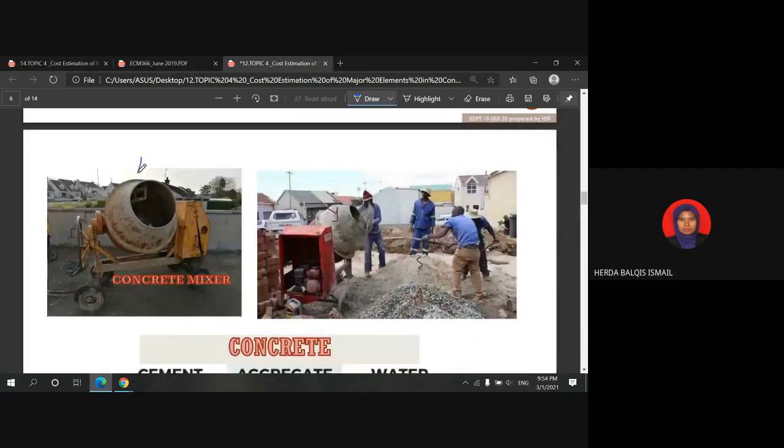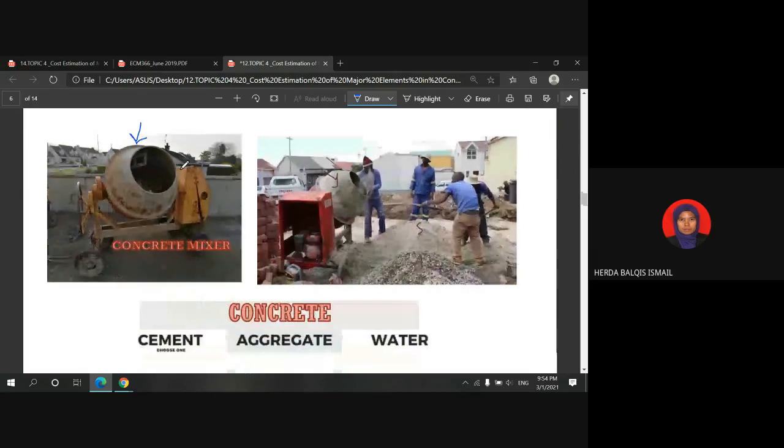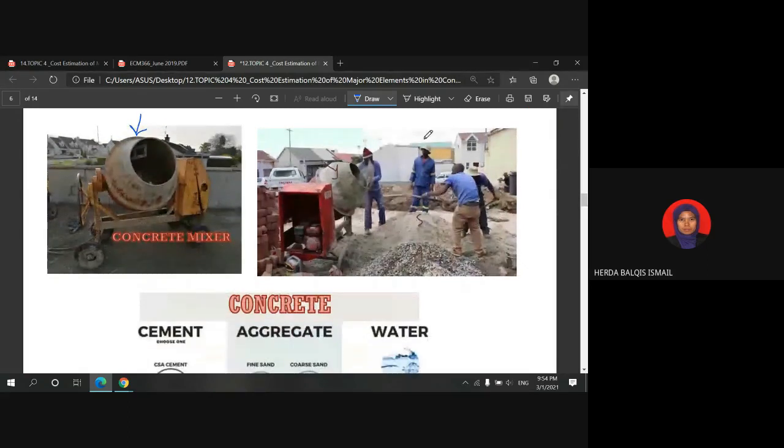So this equipment, we need to calculate the equipment cost by including the owning cost as well as the overhead cost. As you can see here, there is a team of workers, including the skilled and unskilled labor.